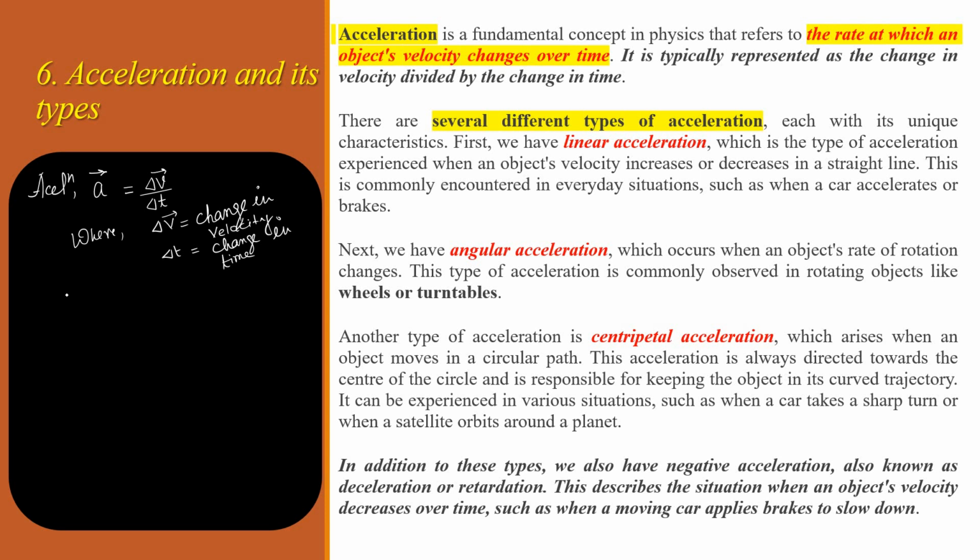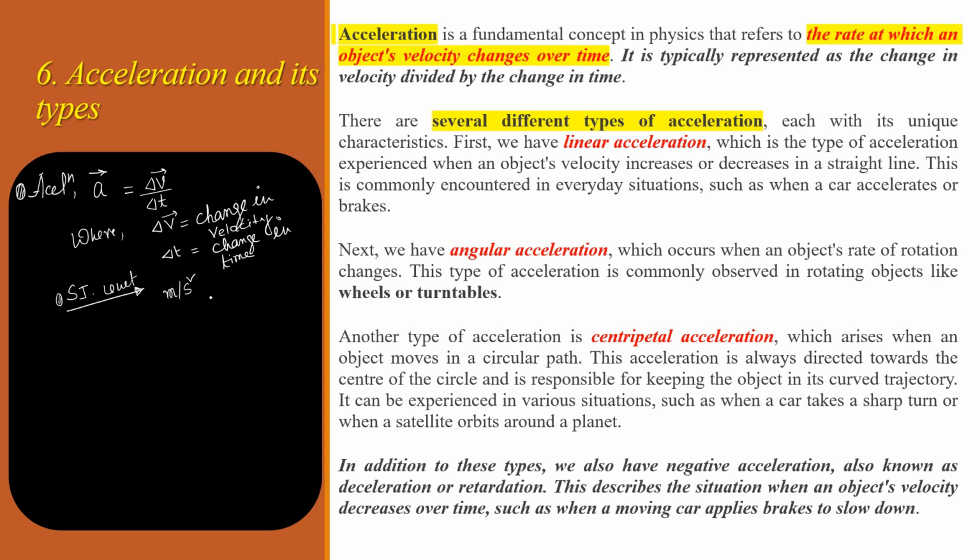Now the SI unit. In physics, study of unit and dimension is very important. So after explaining each and every physical quantity, you should know its unit as well as dimension. So what is the SI unit of acceleration? The SI unit of acceleration is meter per second square.